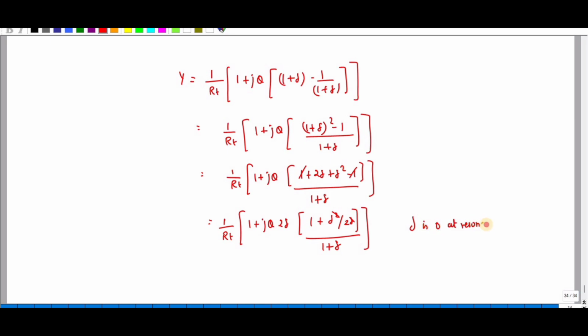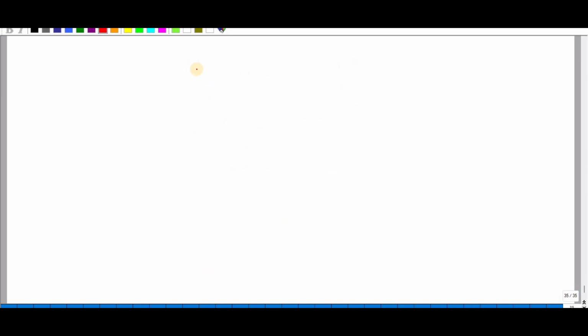Okay, it's less than resonance frequency, and it is always less than 1. So therefore I can rewrite this one as 1 divided by RT, 1 plus jQ 2 del. Okay, this is your Y. So therefore Z is equal to RT divided by 1 plus j2 del Q.